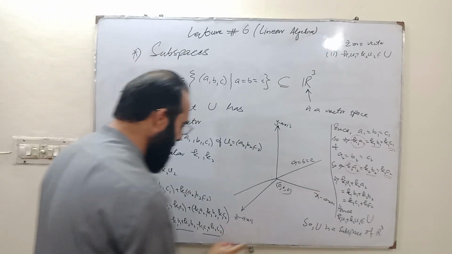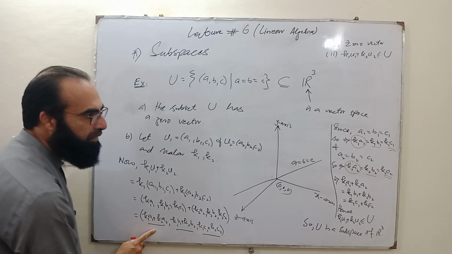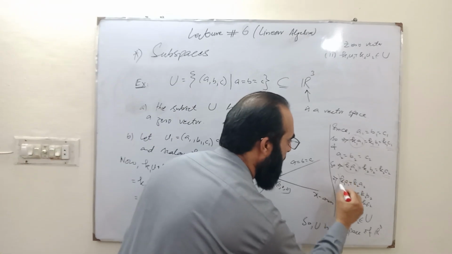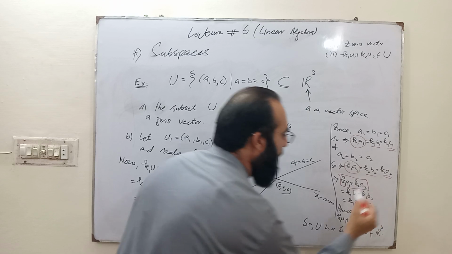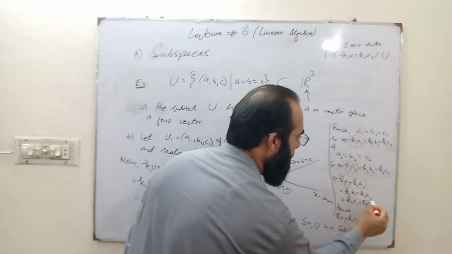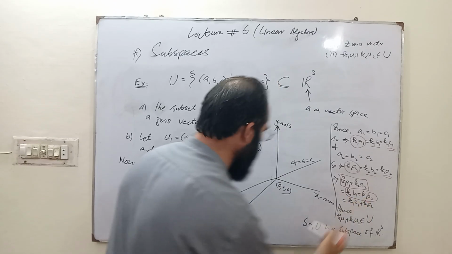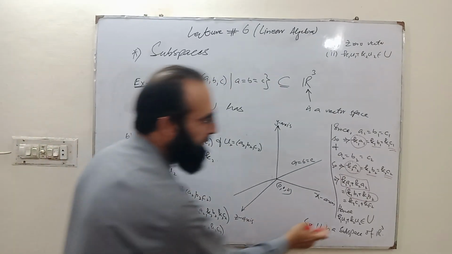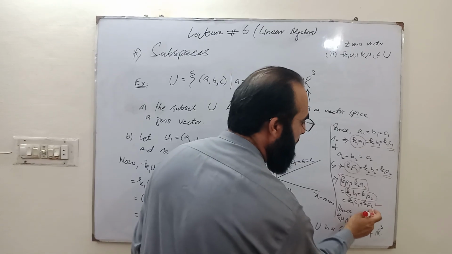Now look at these components. This first component is our k1 a1 plus k2 a2. The second component is this one, k1 b1 plus k2 b2, and the third term is k1 c1 plus k2 c2.